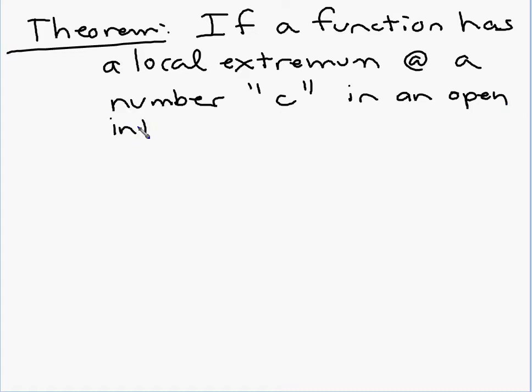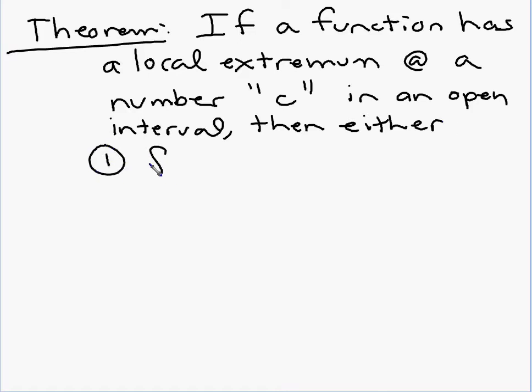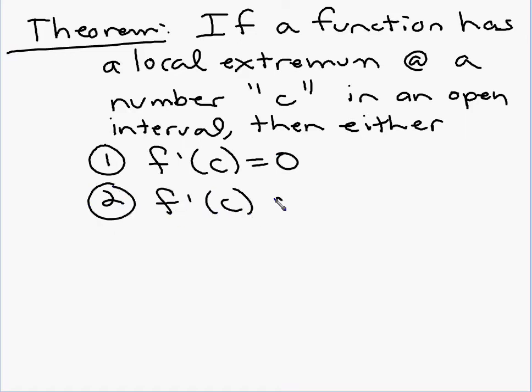Now notice I said an open interval. Then I know either one of two things is true. Then either, number 1, f prime of C equals 0, or 2, f prime of C does not exist.